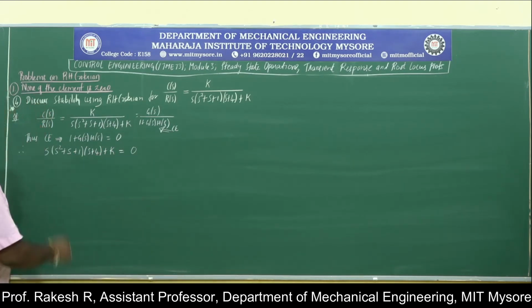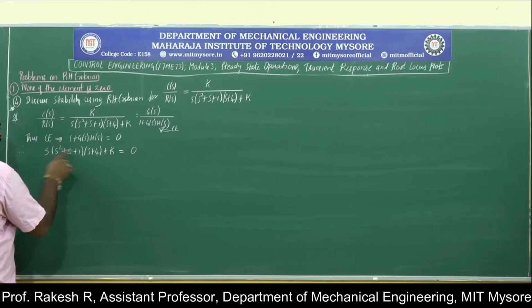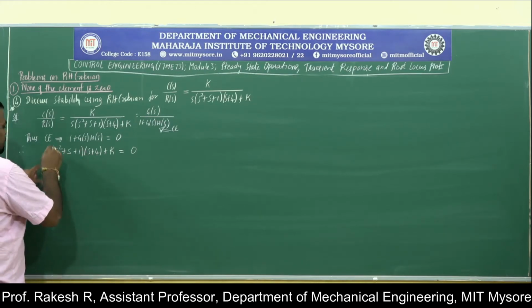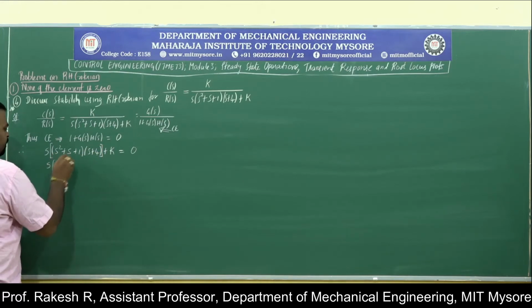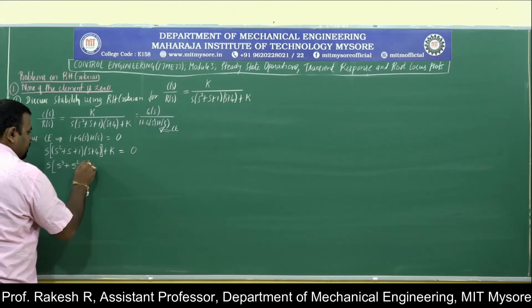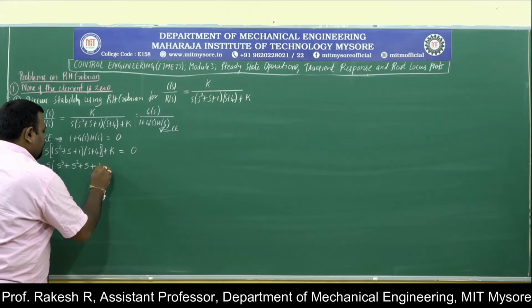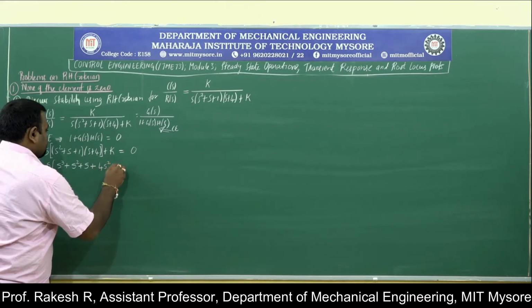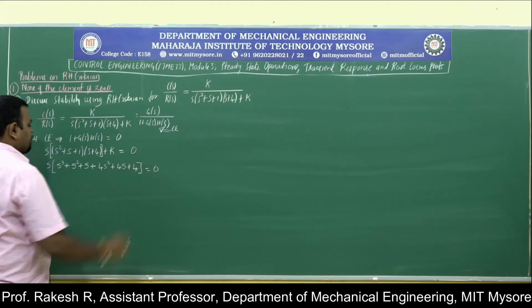Multiply it. First I will multiply S plus 4 into this: S into S cube plus S square plus S plus 4S square plus 4S plus 4 equal to 0.